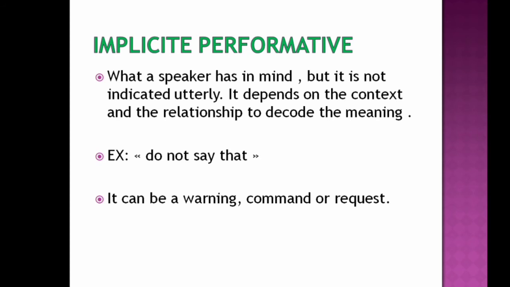For example, imagine this form of a sentence: Don't say that. So we're not exposed to the situation, the context. We don't know who uttered this utterance in the first place, and also the relationship between the speaker and the hearer.